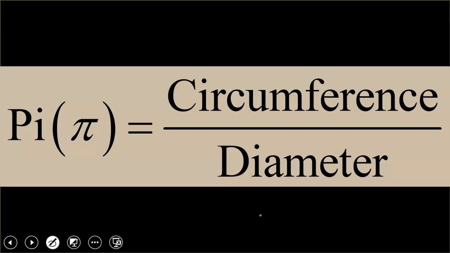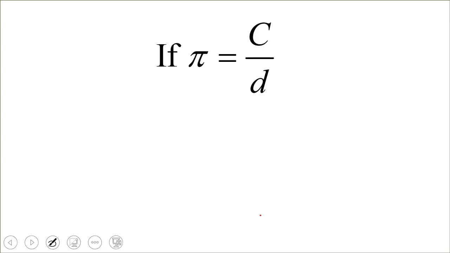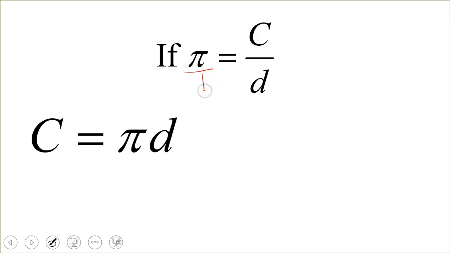So we can say pi is circumference over diameter, because we divided circumference over diameter. If pi is equal to C over D, that is circumference over diameter, and we try to make C the subject, we do cross multiplication. So 1 will multiply C to give us C, pi will multiply D to give us pi D.